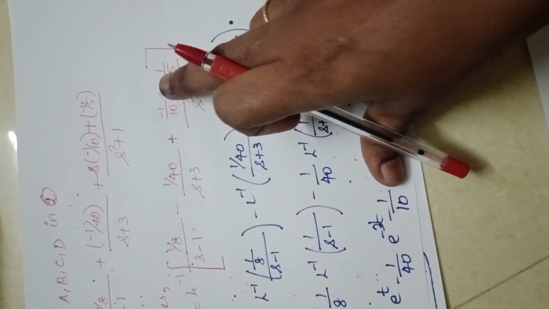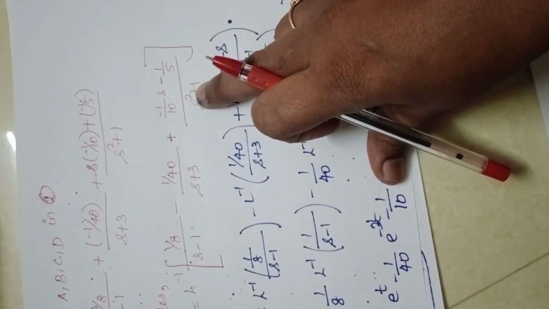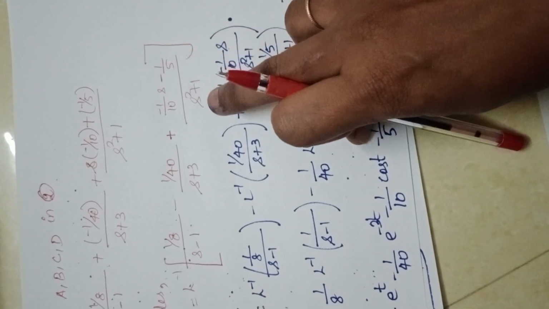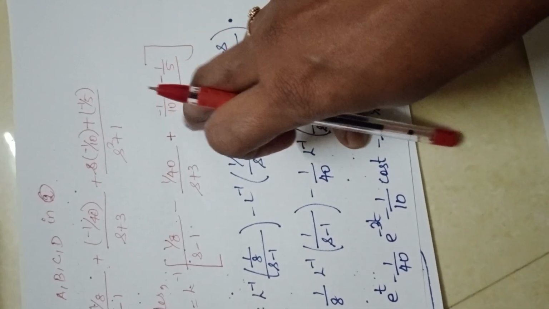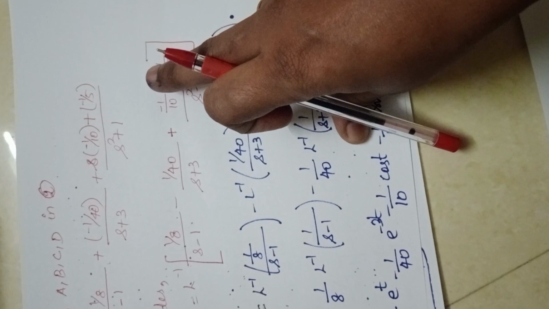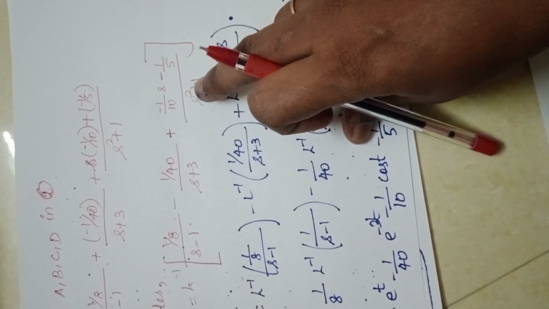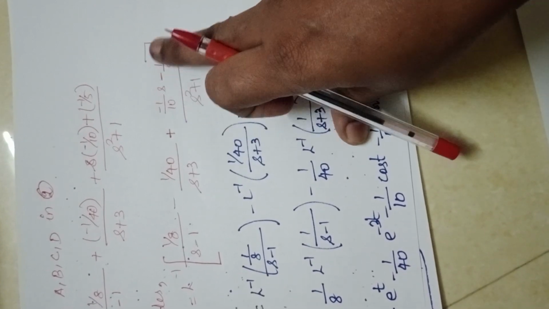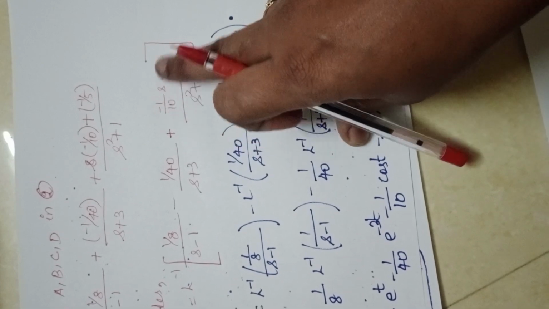So minus 1 by 10 s by s square plus 1 minus 1 by 5 by s square plus 1. I will repeat, whenever you see an expression, you can treat the denominator as a single expression and split the numerator. So it has got two parts.